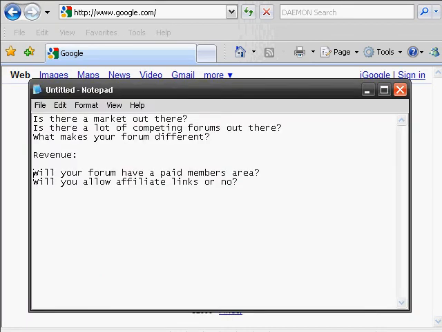So the first thing we're going to look at is, is there a market out there, and is there a lot of competing forums out there? You want to know this in advance so that you can plan ahead. And let's not forget the question, what is it going to be about? You probably want to find something that you're very familiar with, even something that you might be an expert at.